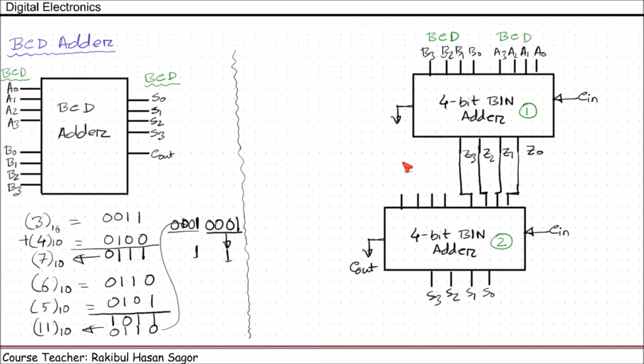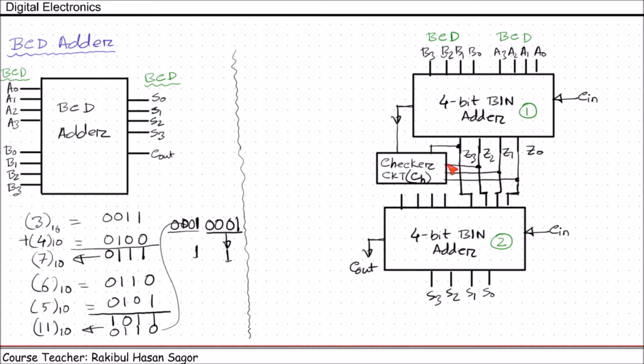So what we are going to do, we'll design a checker circuit. This is a checker circuit. Let's name it CH. This checker circuit will take input from Z3, from Z2, from Z1, and from Z0.